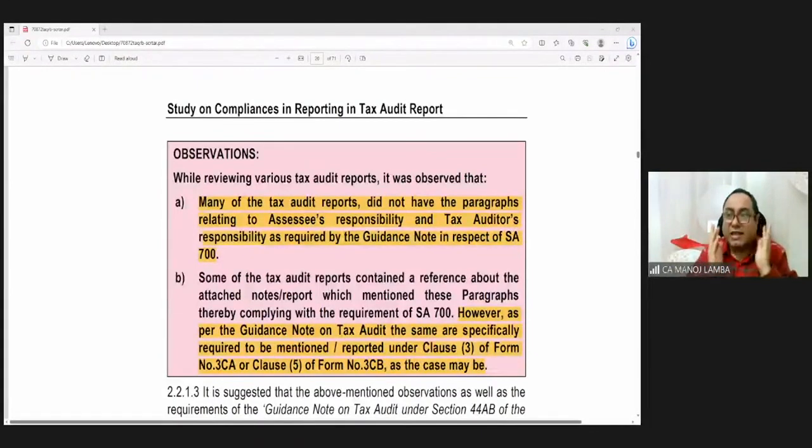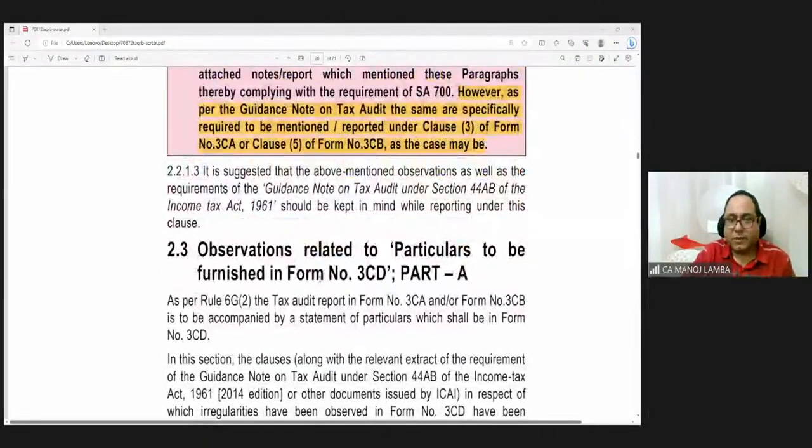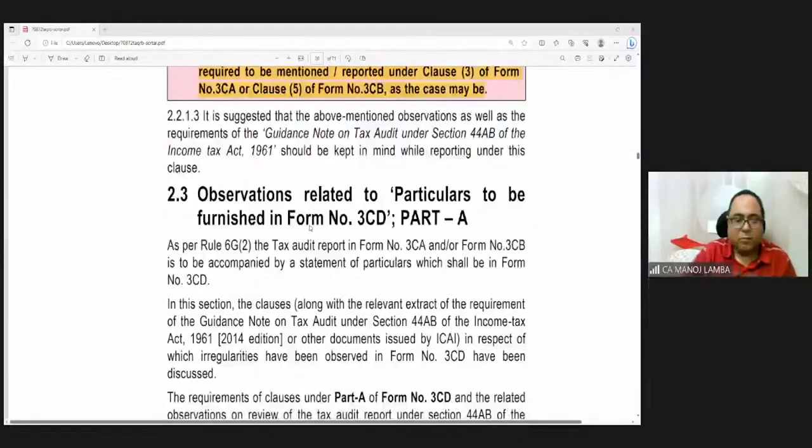They are advising you, guiding you, educating you to report the relevant paragraph of assessee and tax auditor responsibility with regard to SA 700, specifically in form number 3CA and 3CB at relevant clause 3 or 5 only. So that's all from my side with regard to SA 700, my dear friend. What action you have to take, I have told you. Moving further.